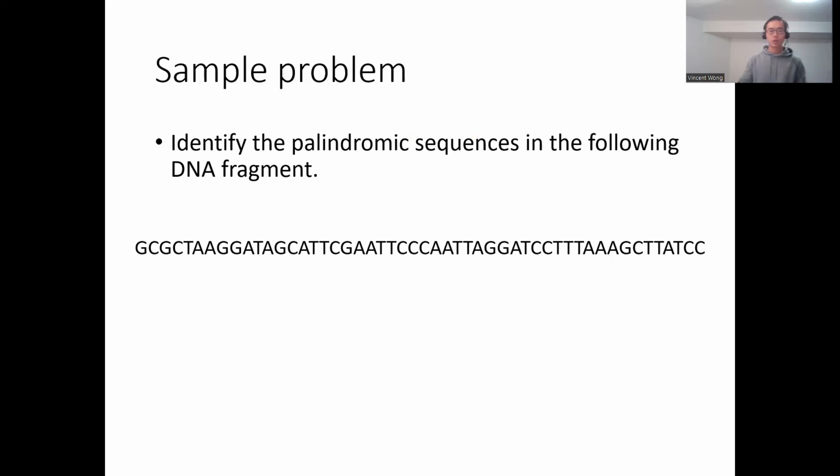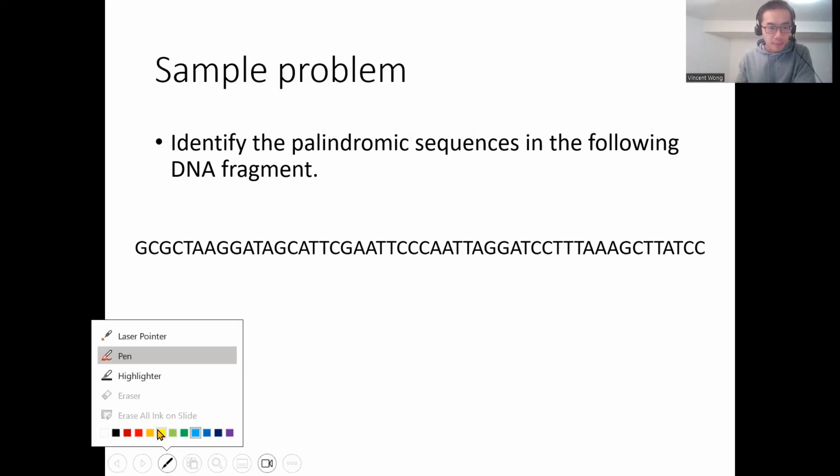Identify the palindromic sequences in the following DNA fragment. This is just one strand. You don't have to write out the second strand, but you want to try to find the palindromes here. So let's take a look. For example, over here, I found one already.